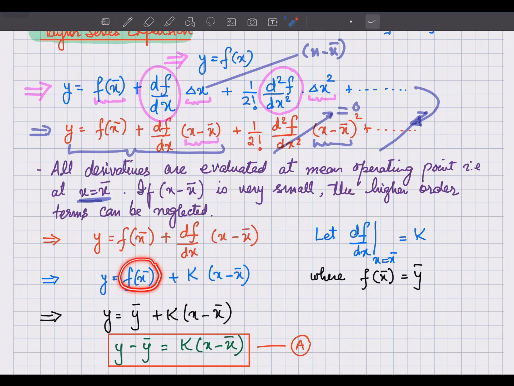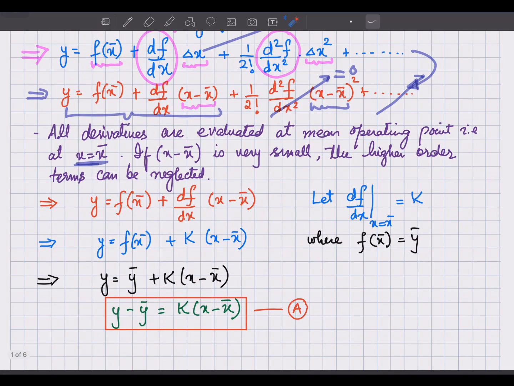This is basically the function evaluated at the operating condition. So this will be equal to the function value at the operating point, right? So let's suppose that is equal to y bar. So this equation can be written as y is equal to y bar plus k into x minus x bar.